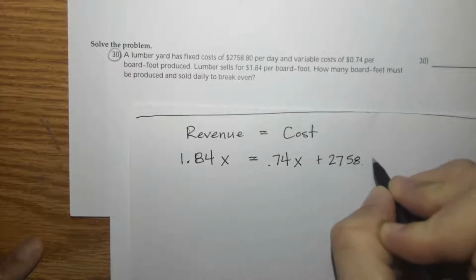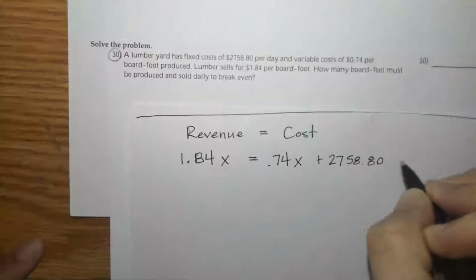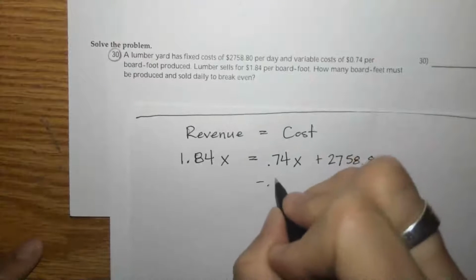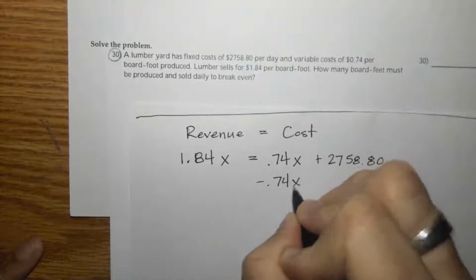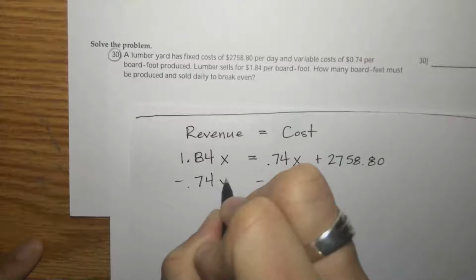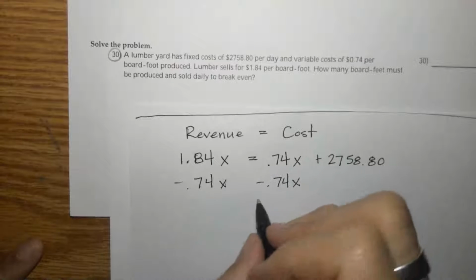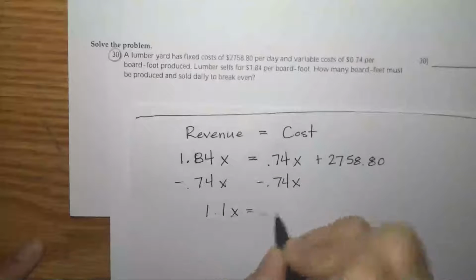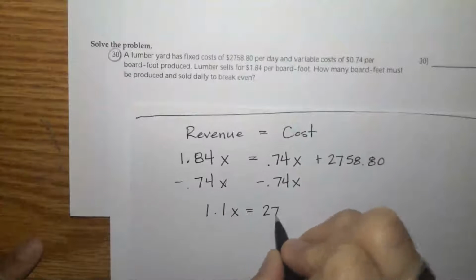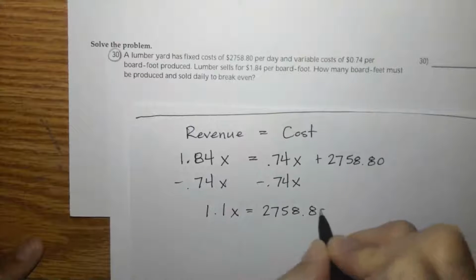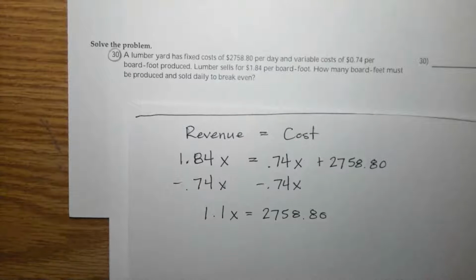We got to spend money making these boards. So now we're just going to solve and see what this x turns out to be. So let's minus 0.74x, minus 0.74x. All right, that's going to give us 1.1x. This is equal to 2758.80. And then we're going to divide both sides by 1.1.